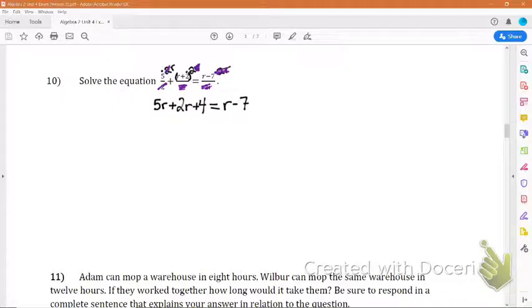Again, you're back to an algebra problem. Combine like terms. I would go ahead and combine these two terms here to get 7r. Then I would subtract r from both sides, so 7r minus r is 6r. Be careful, because now on the right side you have a minus 7. You've got to bring that minus sign down with your 7.